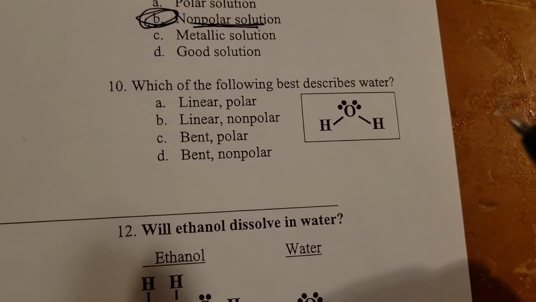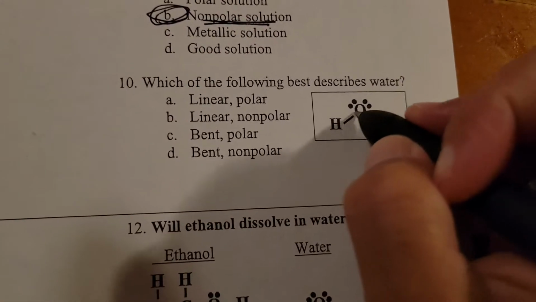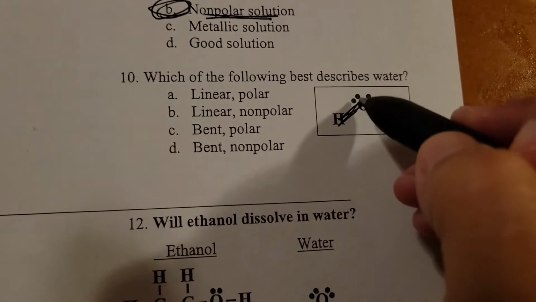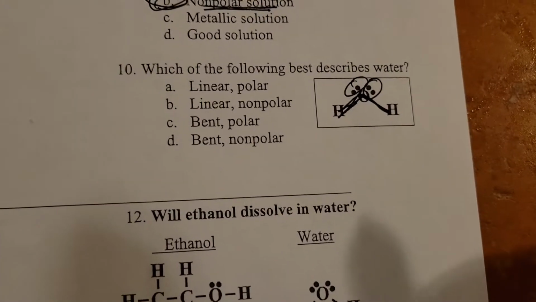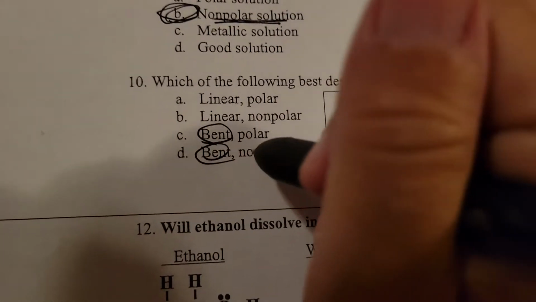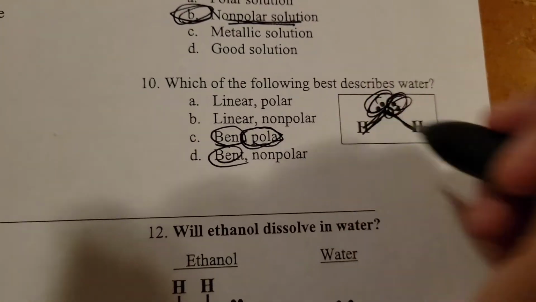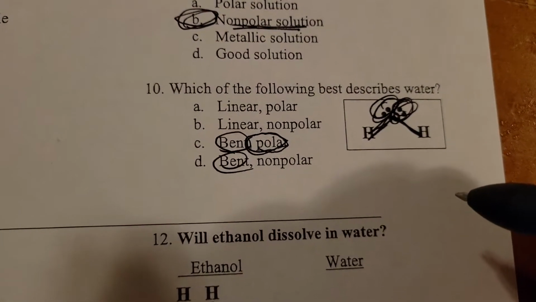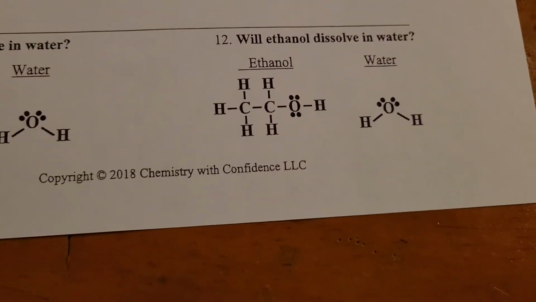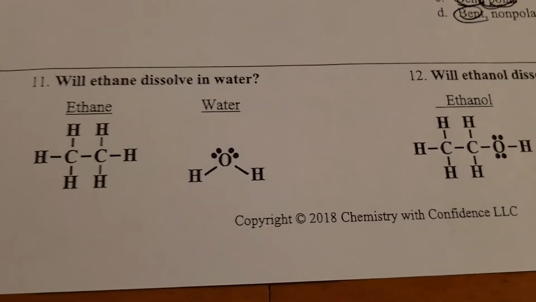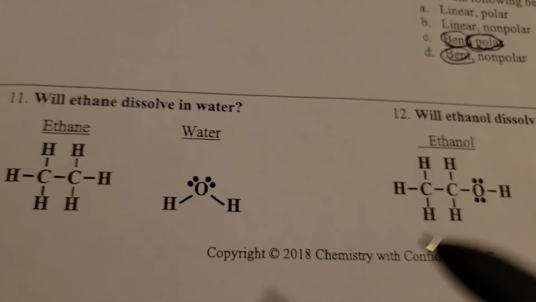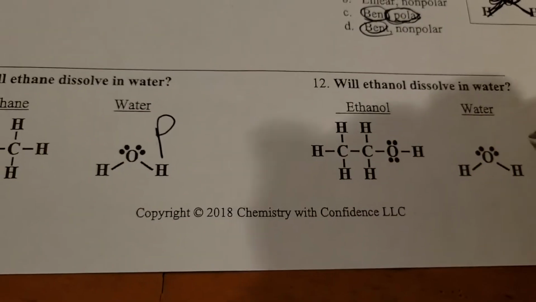Which of the following best describes water? Water has this bent shape because it's a tetrahedral that's missing two of its pieces. So it's bent. And if I taught you nothing else, water is polar because it has these unshared pairs. That makes it polar. The next set of questions is whether or not something would dissolve in it. Will ethane dissolve in water? We know water is polar.